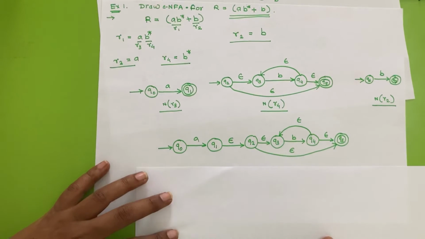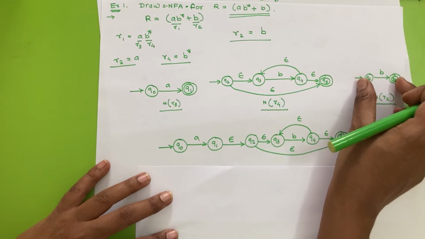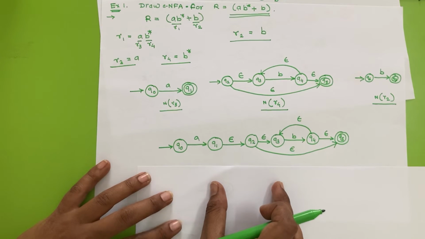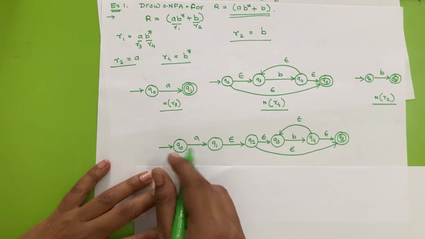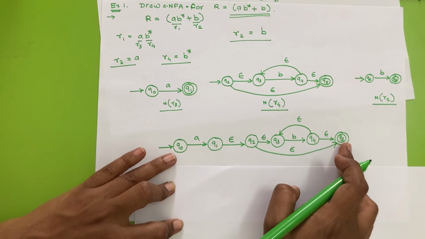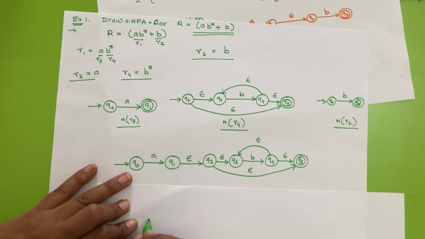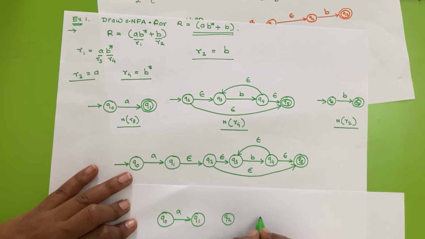First I'll draw the diagram for this, and then this diagram will be connected to here. Again the initial and final states of the previous diagram will be converted into intermediate states. I'll put only the same names as the diagram before. So this will be A, then Q2, Q3, Q4, and Q5.